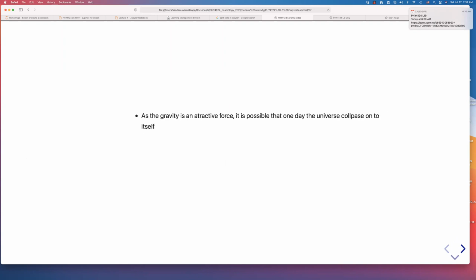Now, as gravity is an attractive force, it is possible that one day the universe collapses onto itself, right? Now, in general, we tell now that the universe is expanding. I remember that we talked about the Hubble law, which tells that the universe is expanding, but at the same time, we know that everything is attracted by gravity, and because of that, it is possible that one day the universe can start to collapse onto itself.